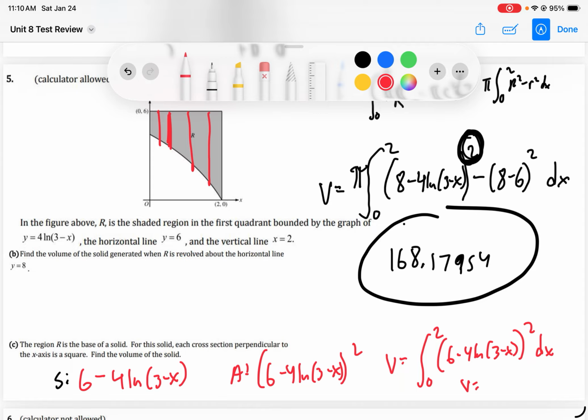Integral 0 to 2, parentheses, 6 minus 4 natural log of parentheses 3 minus x, squared, dx, and I get 26.2666, yikes, and then 0, 0. So it's kind of gross. Oh well. All right, so that's it for this video.